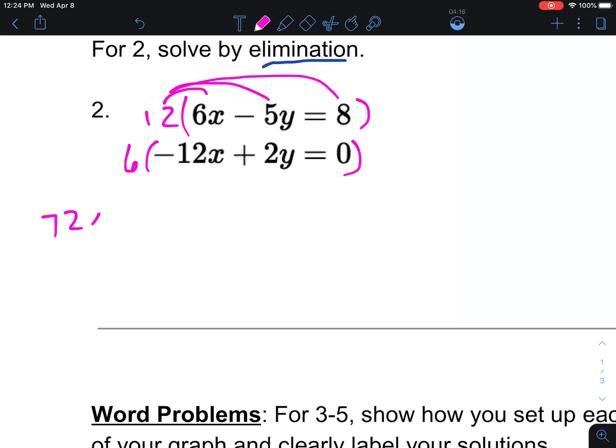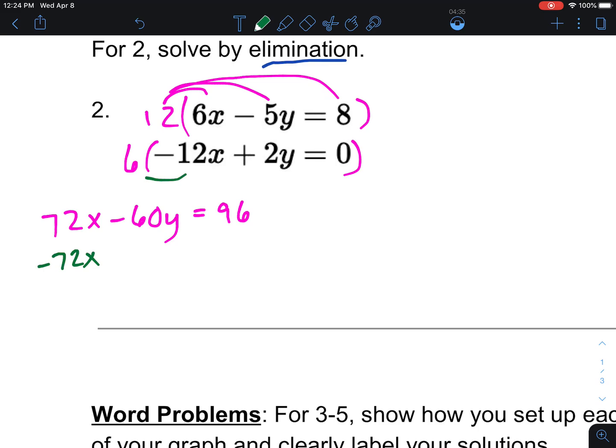So that would become 72x minus 60y equals 96. And our next row would be, if we distribute here, negative 72x. So again, you always want to make sure one's negative and positive to start with.